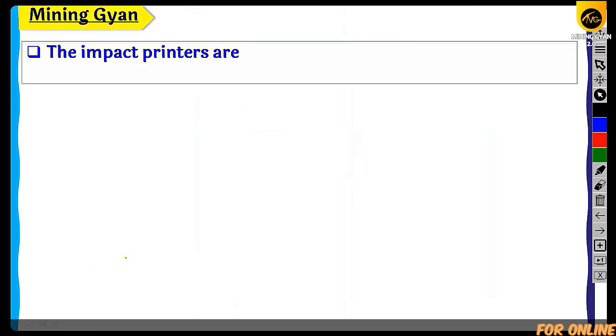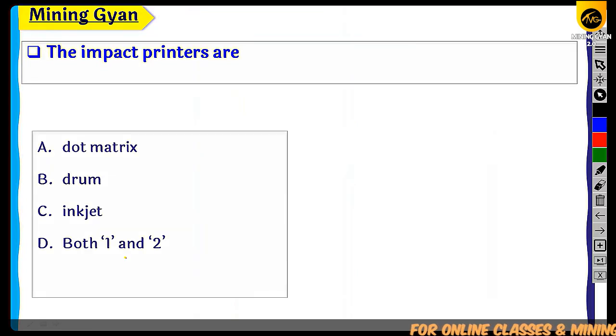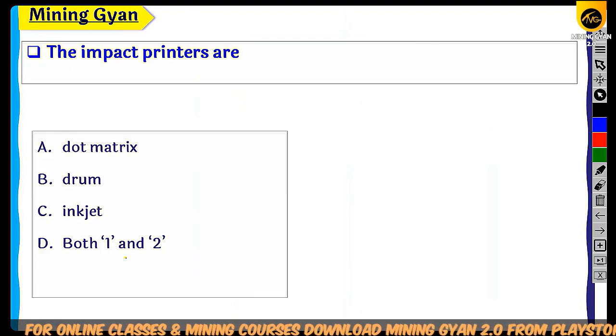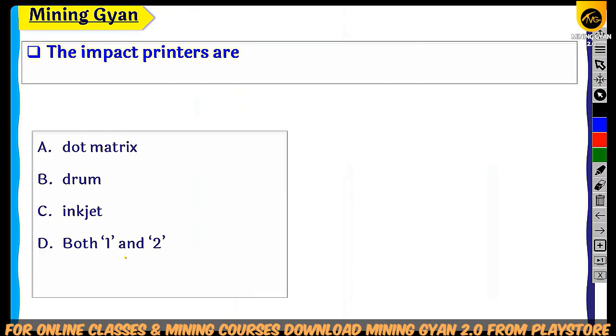Okay, next question: impact printers are dot matrix, drum, inkjet, or both A and B. These are all types of printers. There are basically two types, impact and non-impact printers. Which of these belong to the impact printer category? The first one is dot matrix, the second is drum, and the third is inkjet.